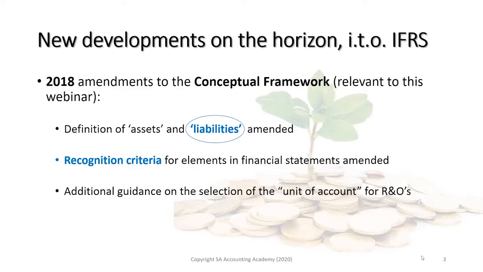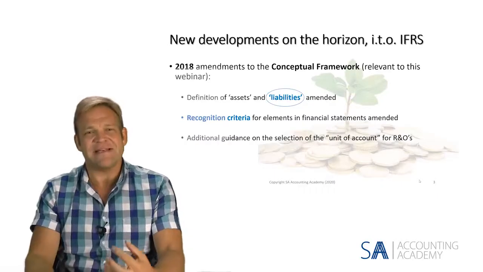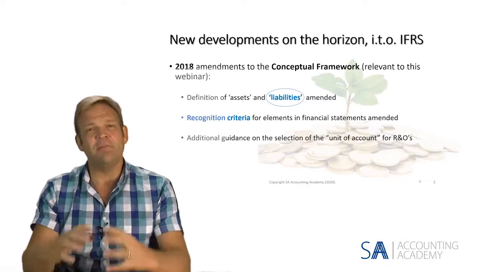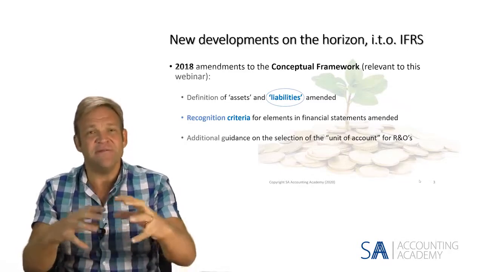Lastly, additional guidance has also been brought in to the full IFRS conceptual framework in respect of the selection of the correct unit of account, seeing that assets especially are being broken up into different rights.